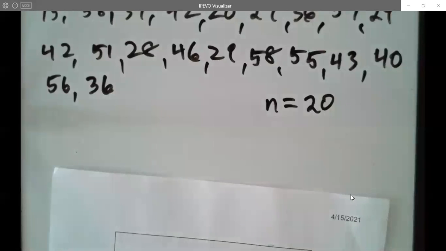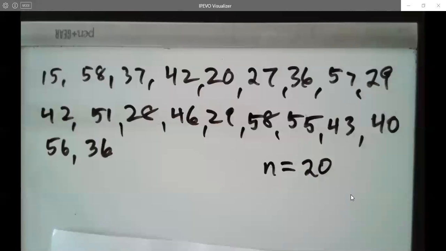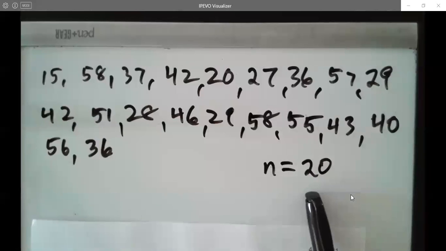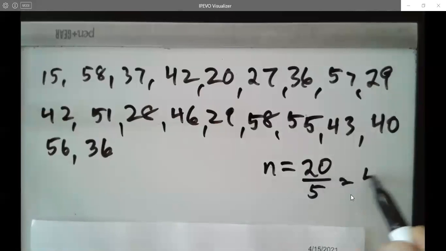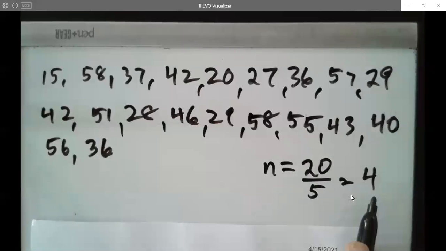We said that we wanted between 5 and 20, or 5 and 12 categories. So if we divided this by 5, we would get 5 categories, with 4 in each category.